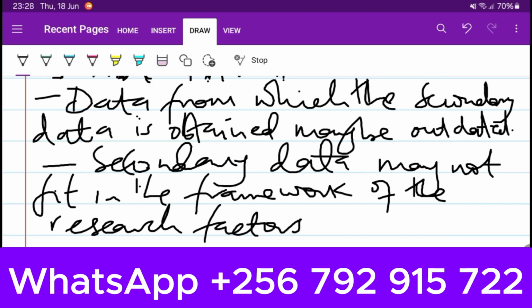For example, I talked about the currency. You might be preparing research and you are picking information from a textbook that was written in US dollars, and you are reporting in the Ugandan currency, the shillings. So you find that the units of measurement are not tallying.